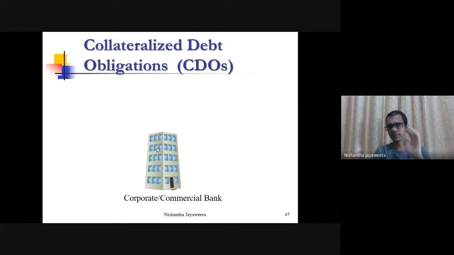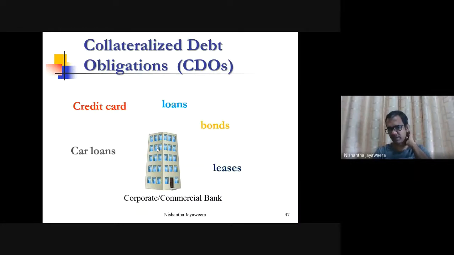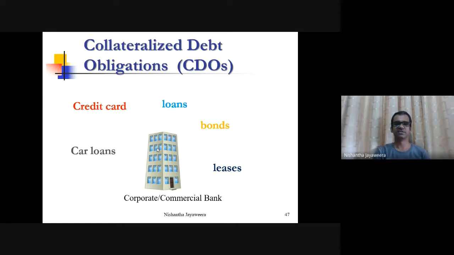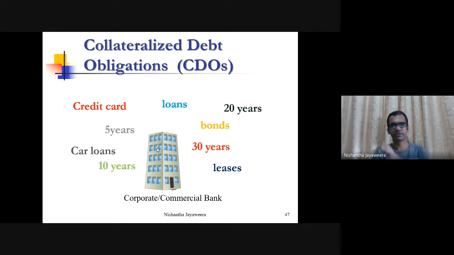So I'll explain it. In a corporate or a commercial bank, there can be different types of assets. It can be car loans, credit cards, other loans, maybe bonds or leases for different tenors. Remember, in that pool of assets, it need not be the same tenor. It can be in different tenors.